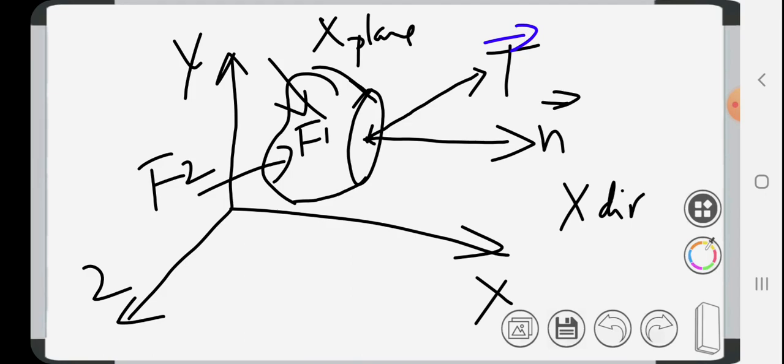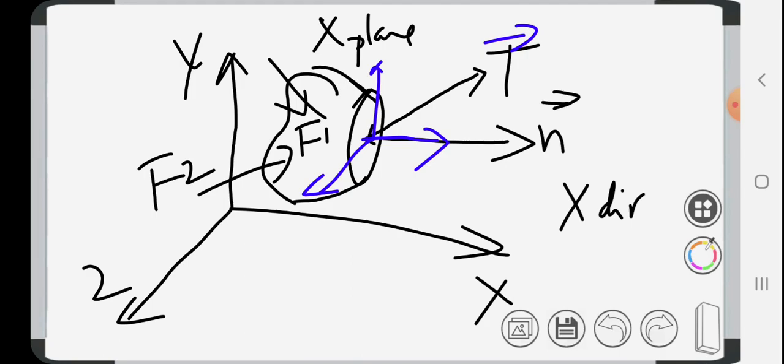We have already studied how to resolve. So I am resolving this in the x direction, y direction, z direction, three different directions.